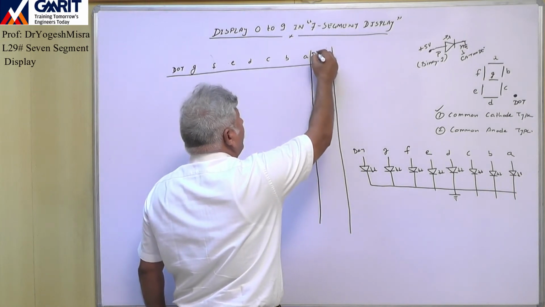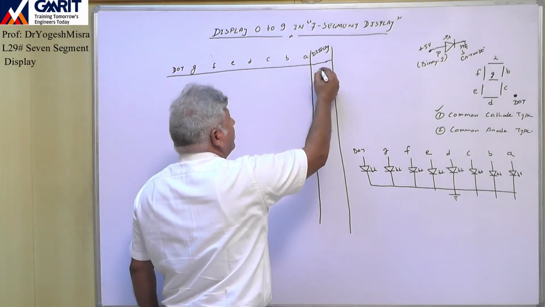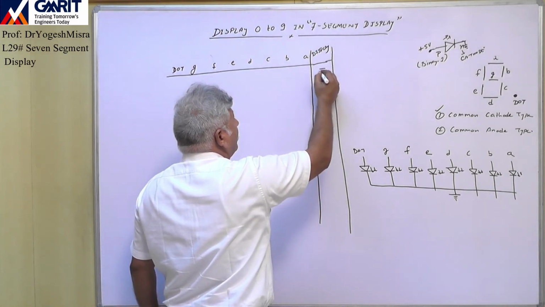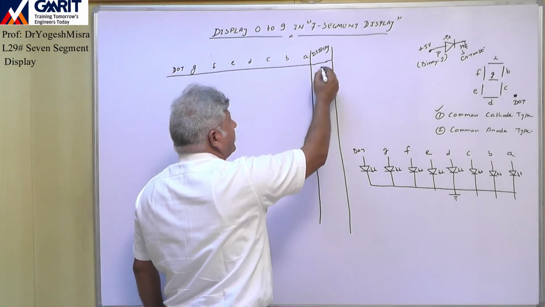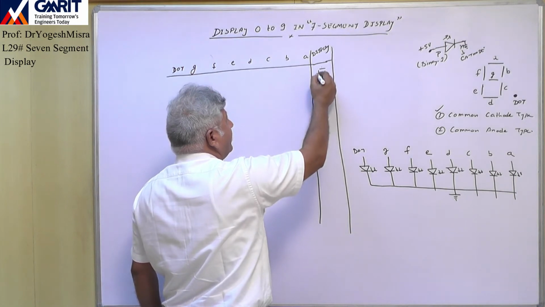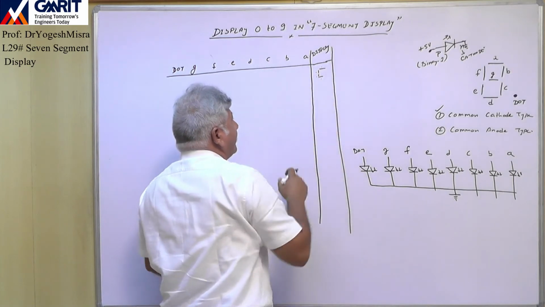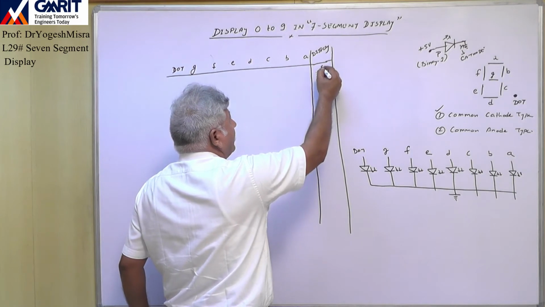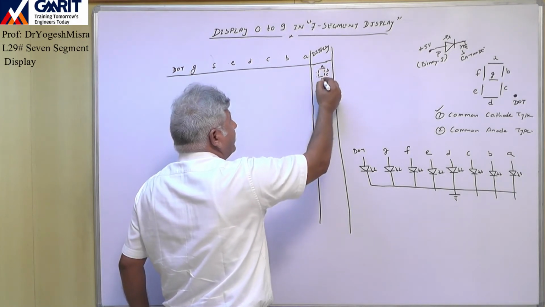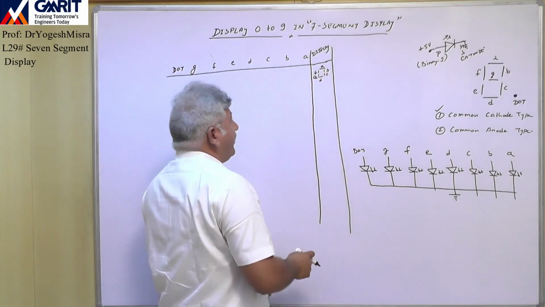So we want to display 0. This is the A segment, B segment, C segment, D segment, E segment, and F segment.